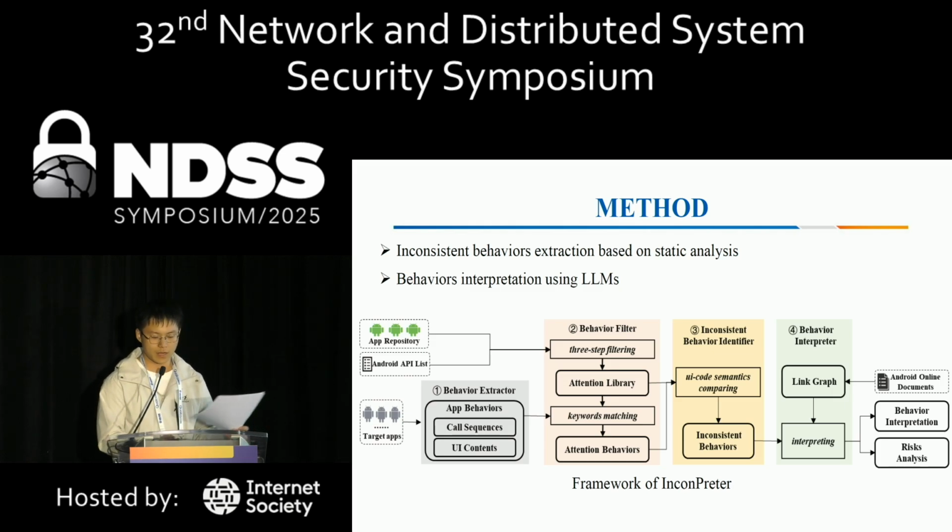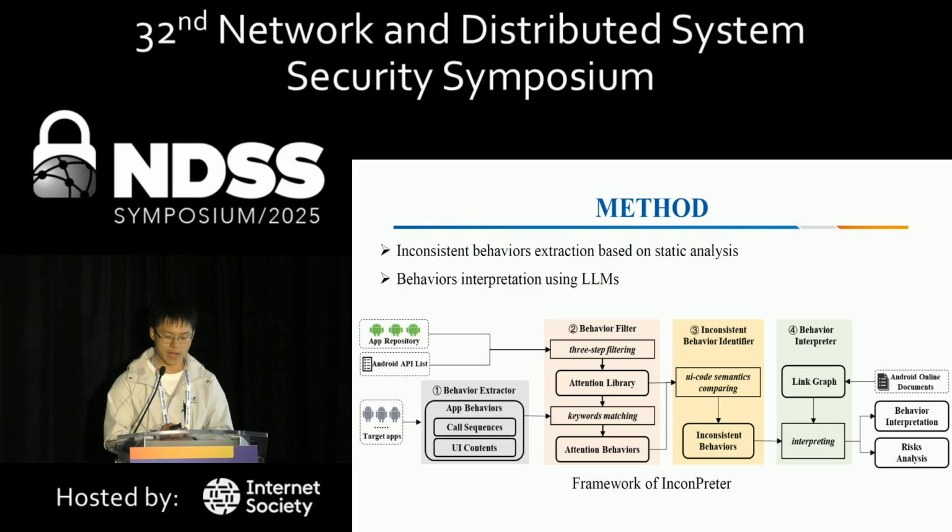We developed InconPreter to achieve our goal. InconPreter first uses static analysis to extract behaviors from the app. Since an app contains an overwhelming number of behaviors, and we focus only on those that are related to users, we design a set of filtering rules to filter such attention behaviors.